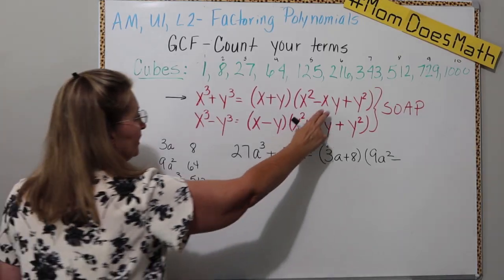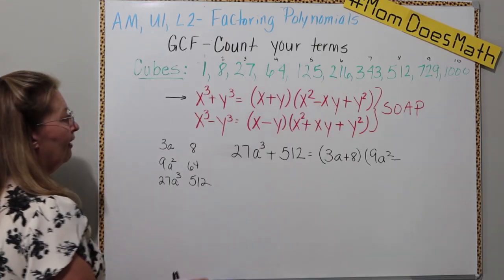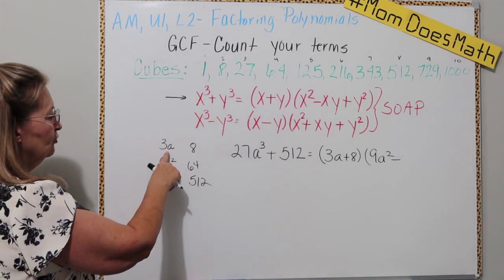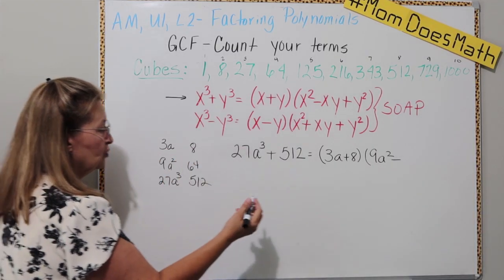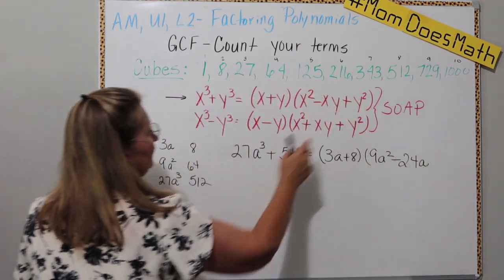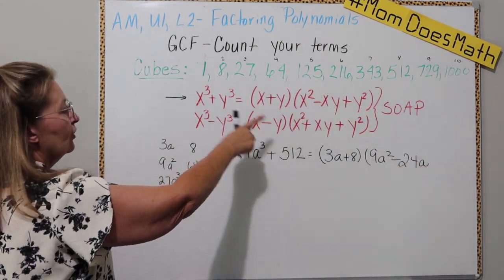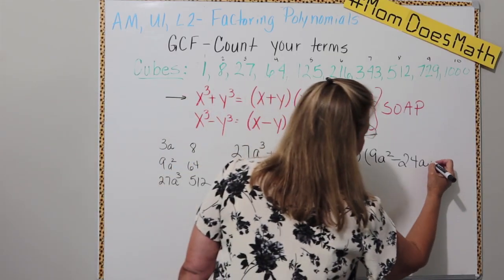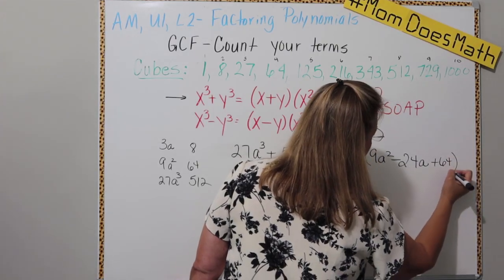Alright, now for this middle term, I'm going to multiply the cube roots, the base roots of each thing. So 3a times 8 is 24a. And then this tells me to take the square of the root of the last term, which was 64. There you go.